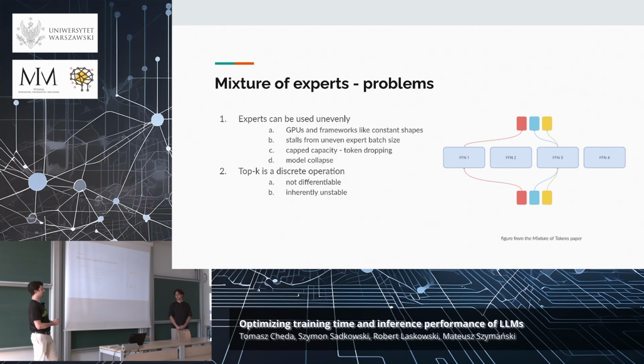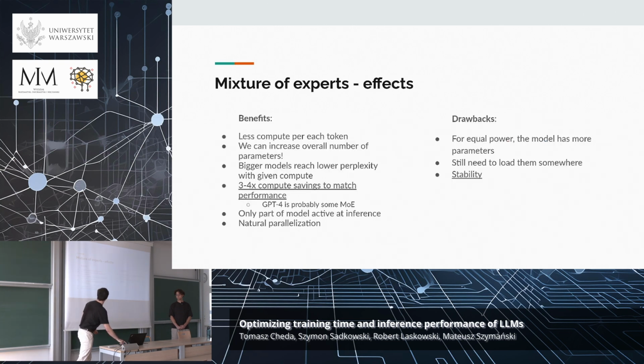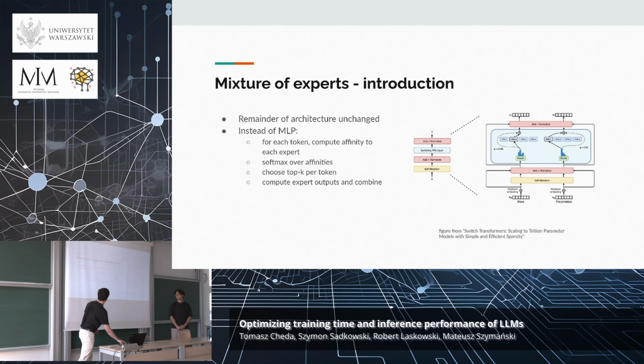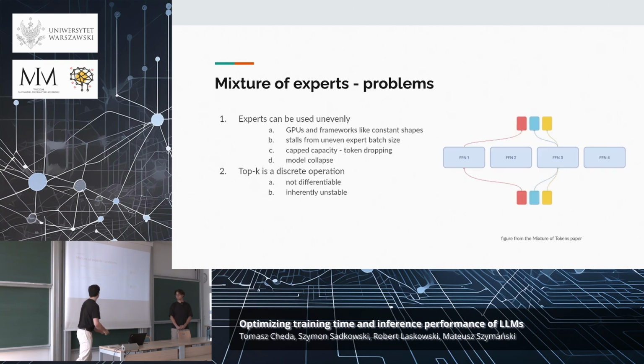And the second problem is that we are taking a top K operation. Earlier, we computed the affinities and only routed to the top experts for each token. And top K is a discrete operation. It's not natively differentiable. We have a natural gradient estimator. We can just copy the gradient from the input to the output, but it's still not mathematically perfect.